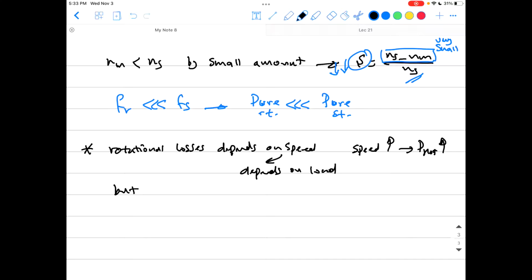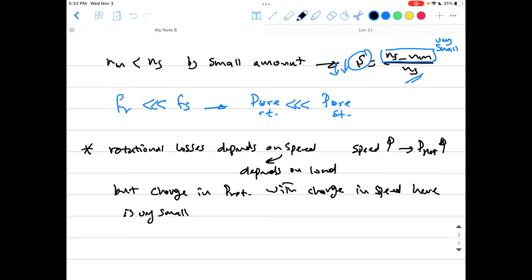But the change in P rotational with the change in speed here is very small, as the change in speed with load is very small here, okay.